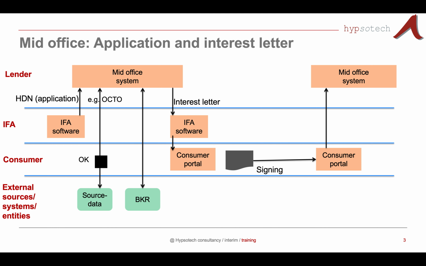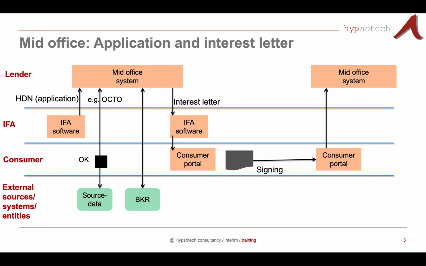The interest letter is sent to the customer and to the financial advisor, so he receives it in his system and the consumer can retrieve the interest letter from the consumer portal.